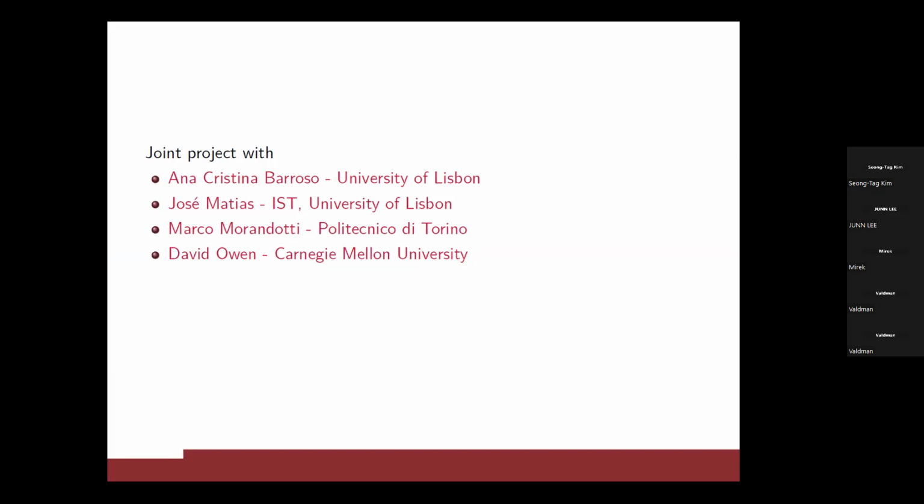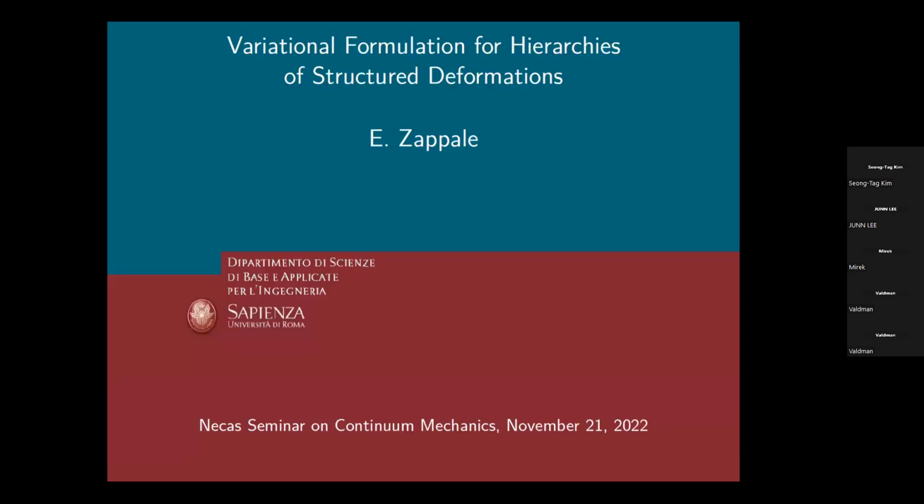Actually, I have been introduced to these topics by them, who were already working on this field for a long time. As you could see from the title, I will talk about structured deformation, which is a field that has been introduced by Gian Pietro Del Piero and David Owen at the end of the last century.